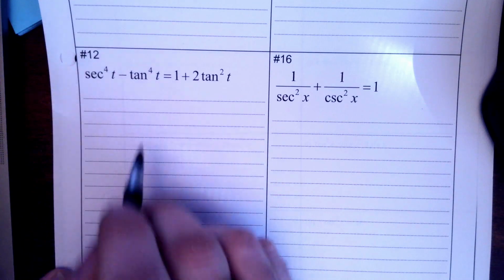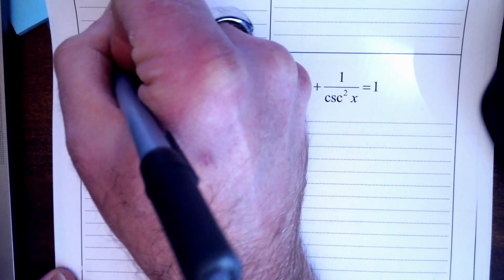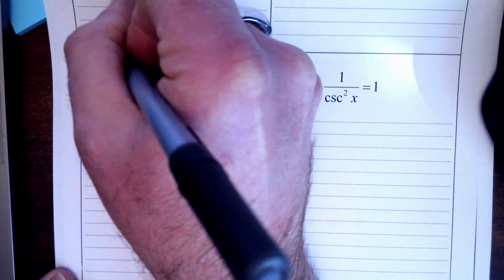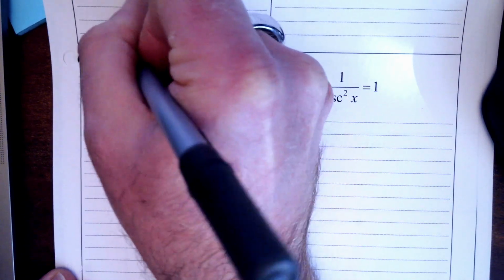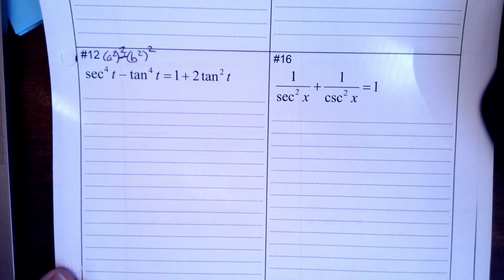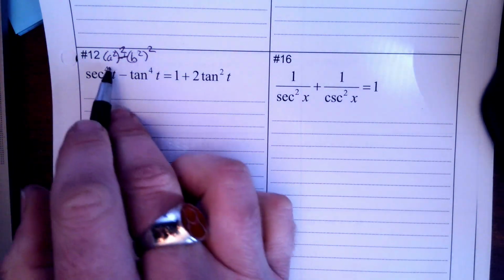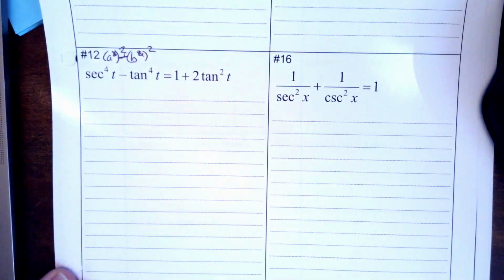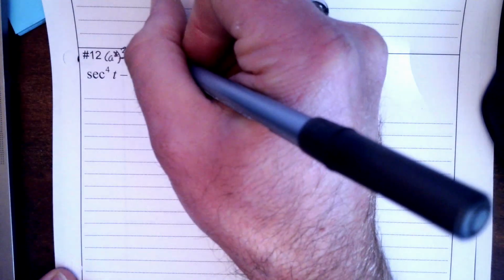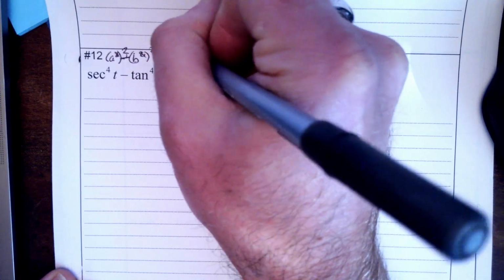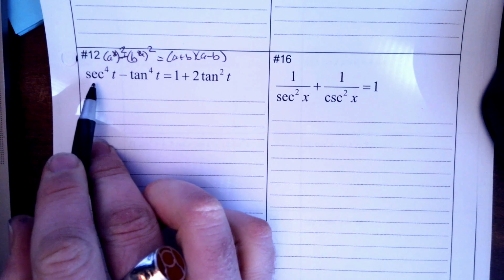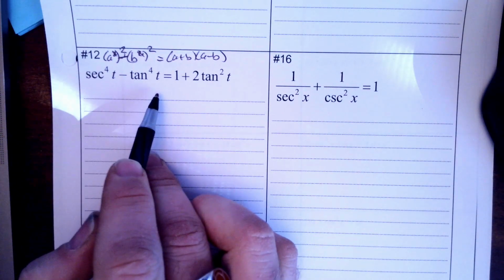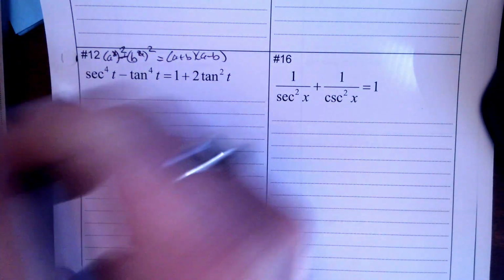But secant to the fourth minus tangent to the fourth looks like a squared squared minus b squared squared, because squared squared is to the fourth, and we can make that look like an a squared minus b squared situation, which would become a plus b times a minus b, where right now a is the secant squared of t and b is the tangent squared of t.